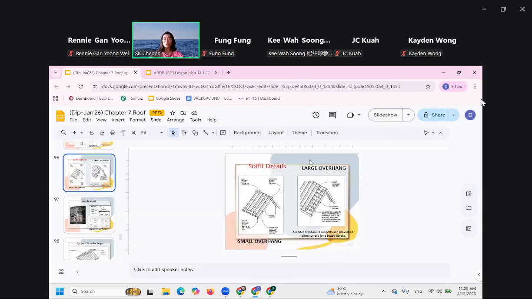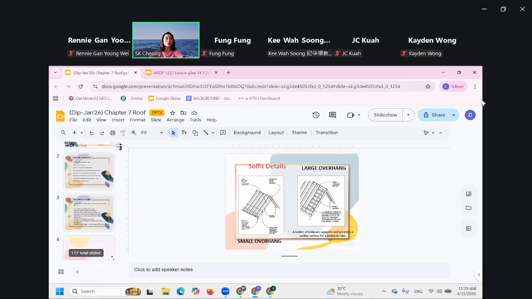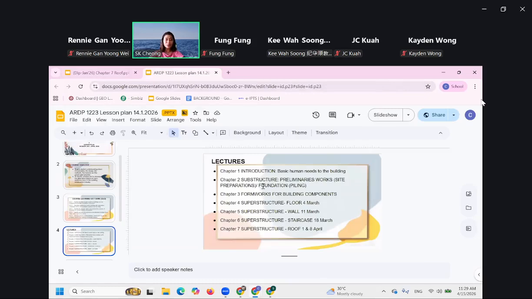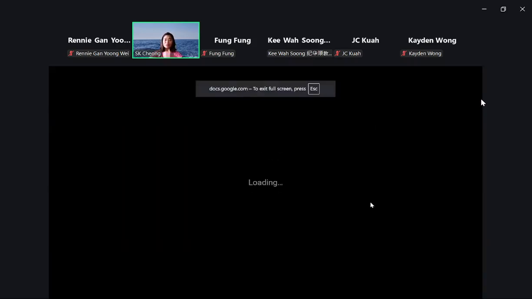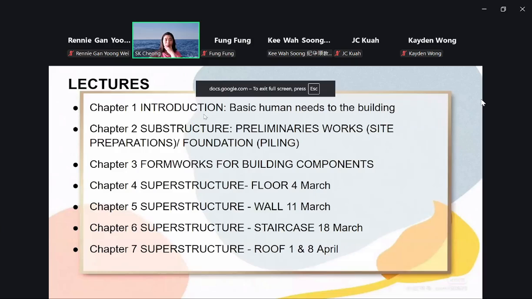This is your last chapter for this semester. Over here we have learned about introduction, preliminary work, and the foundation, right? Formwork, and then floor, wall, staircase, and roof.